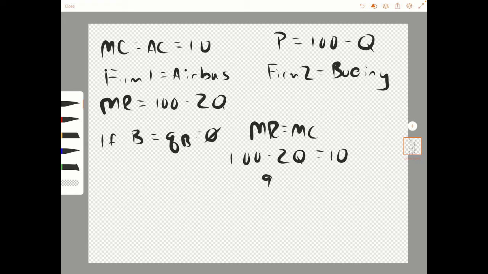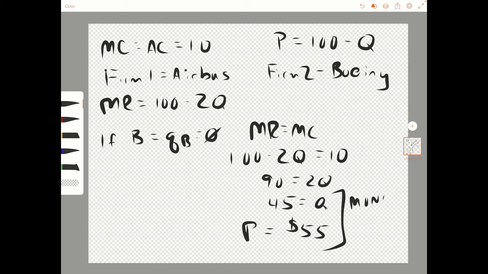We do our algebra here, that gives us 90 equal to 2Q. So output for the monopoly firm would be 45. Drop that back into our demand curve, and that means price is going to equal 55. So this is the monopoly output.